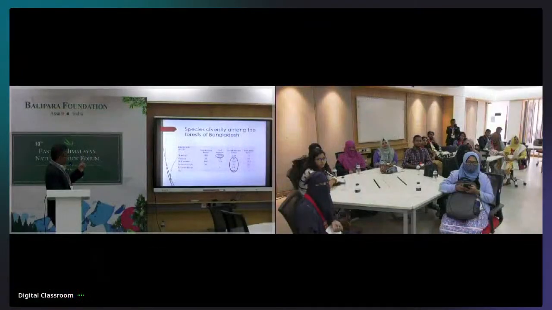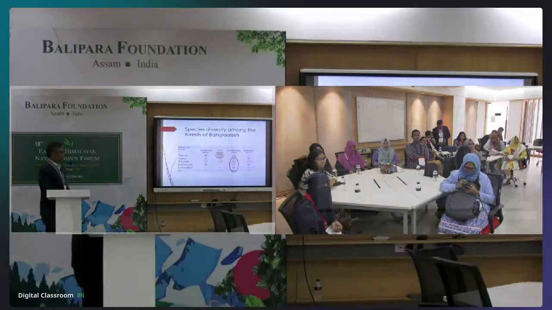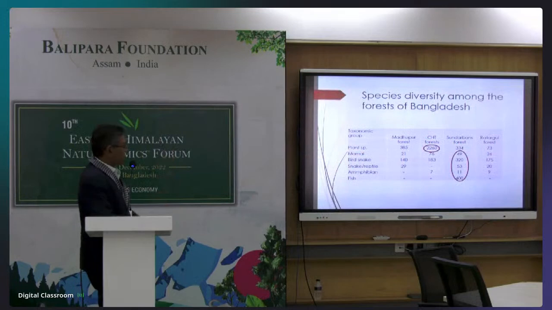Okay, you see that if we categorize this forest diversity, then we find the highest plant species diversity in the Chittagong Hill Tracts region. But in case of animal diversity, we find that the Sundarban is much richer compared to the other forest types.